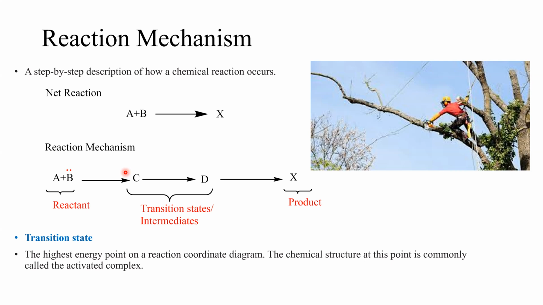So basically when the reactions are occurring, there are a number of different collisions happening between A plus B, and then they modify their structure in a way that has converted into another form as a product. You can understand this with an example: if we jump on a branch of a tree, there is a certain amount of energy which we are providing to that branch.